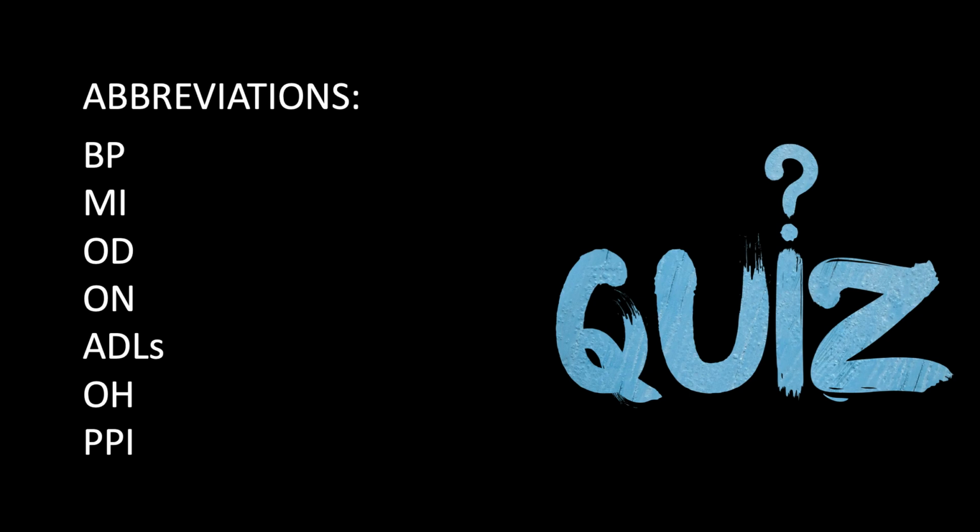ADLs, the patient was independent in all his activities of daily living. OH, I think many countries we all use this to abbreviate alcohol because of the chemical formula. And PPI, proton pump inhibitor, like omeprazole or lansoprazole.